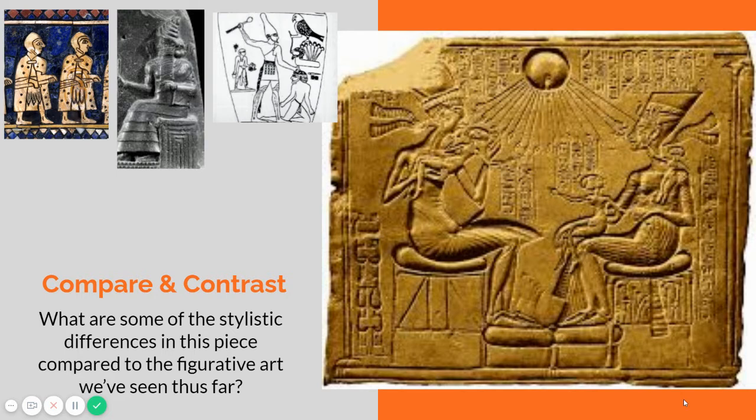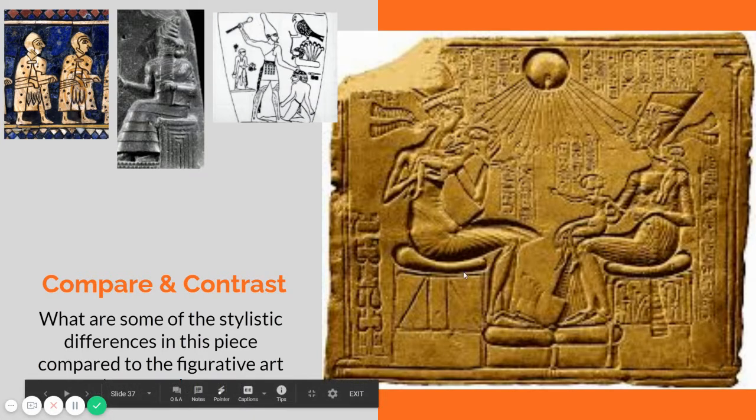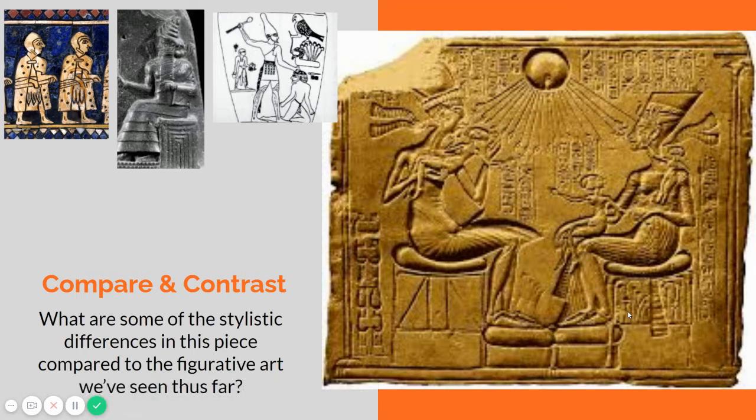But what's so interesting is there are contextual reasons for that. And before we get into those details, I just want to pause and have you take a moment to compare and contrast. So the next art piece we're going to talk about is this large piece over here on the right. I want you to look at the carvings, look at the figures, and compare and contrast.